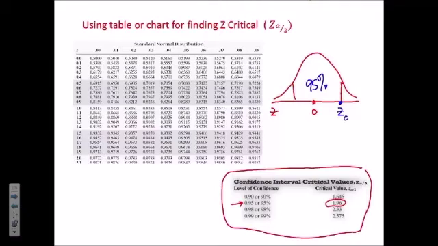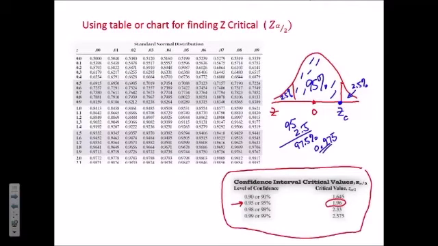If in the center we have 95% of the scores, that leaves 5%, so each tail is 2.5%. So the area below Z critical would be 95 plus 2.5, or 97.5%, or as a decimal, 0.975. Well, that's the area below Z critical.